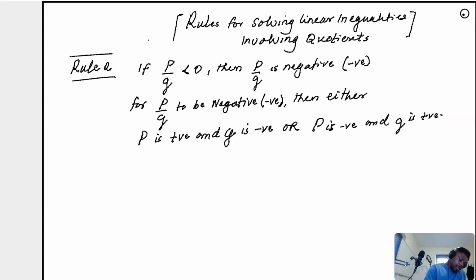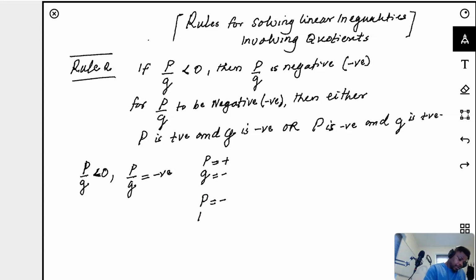So all I'm trying to say here is that if P over Q is less than 0, it simply means P over Q is going to be negative. Okay? And for it to be negative, that simply means P will be positive and Q will be negative, or P will be negative and Q will be positive.